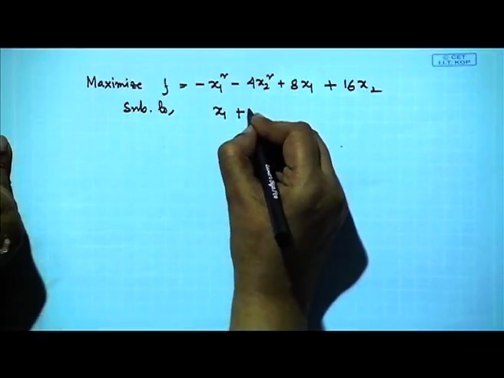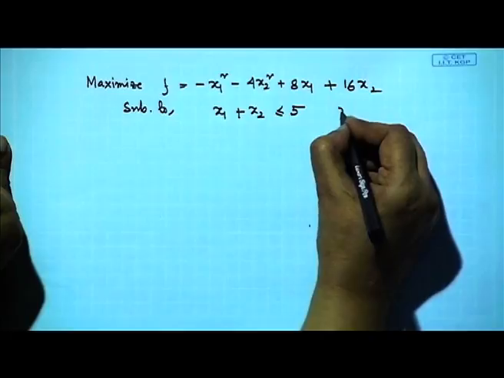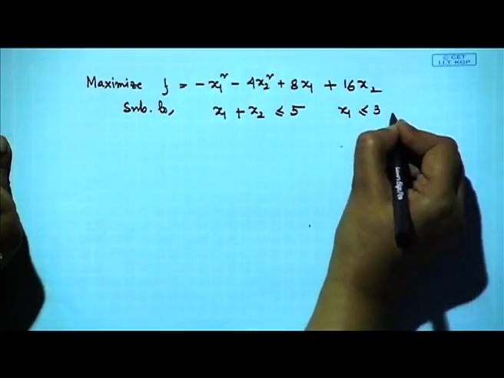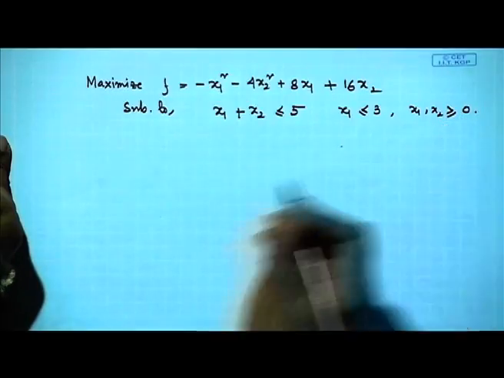The constraints are x1 plus x2 less than or equal to 5, x1 less than or equal to 3, x1 and x2 greater than or equal to 0.